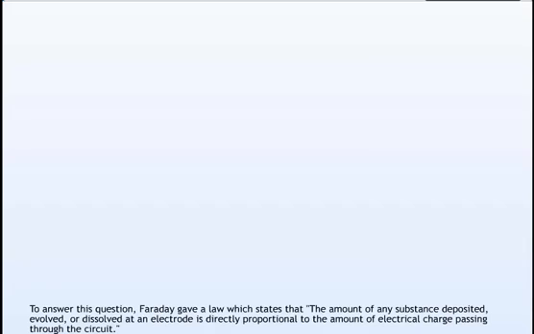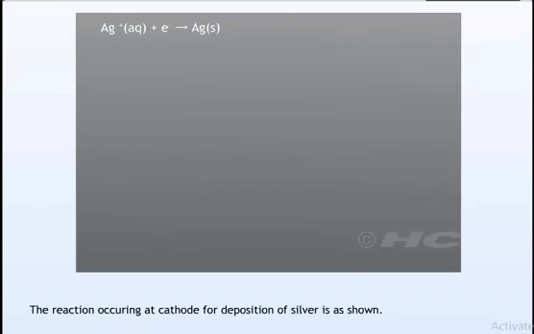To answer this question, Faraday gave a law which states that the amount of any substance deposited, evolved or dissolved at any electrode is directly proportional to the amount of electrical charge passing through the circuit. The reaction occurring at cathode for deposition of silver is Ag+ aqueous plus electron gives Ag solid.